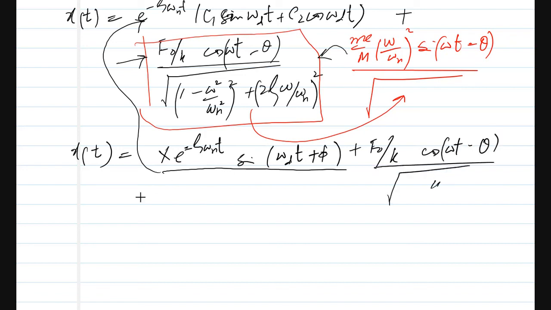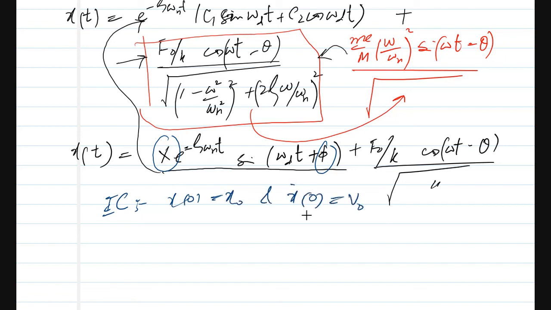Because there are two unknowns, x and phi, for that you have two initial conditions. Let's say x of 0 is x naught and x dot of 0 is equal to v naught. For this solution you can now put in the initial conditions to get the constants out, although it will take some time to solve, but you know the method.